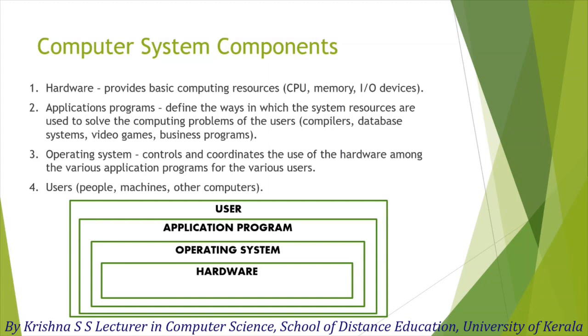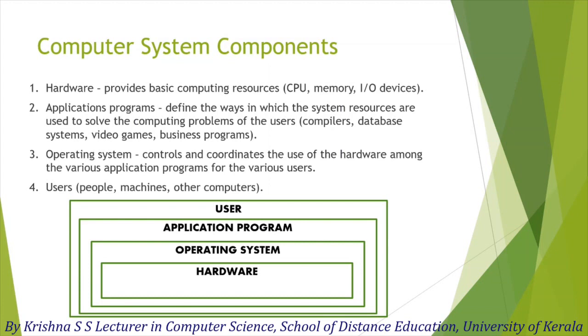Next, application programs. Application programs define the ways in which the system resources are used to solve the computing problems of the users. That is, as end users, we are relying on the computer for executing programs or to find solutions for our problems. We will use compilers, database systems, video games, and business programs.